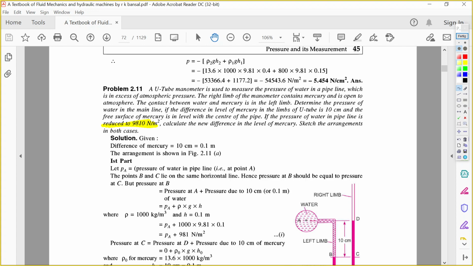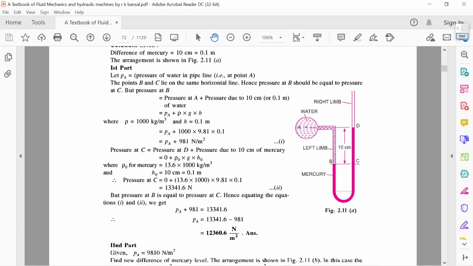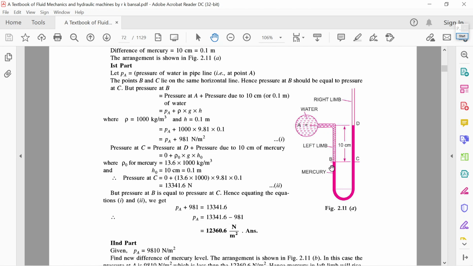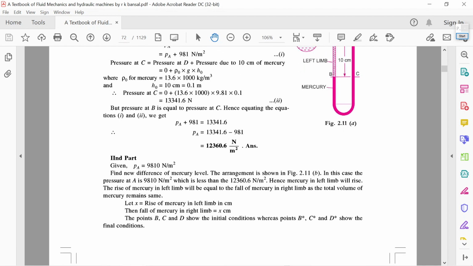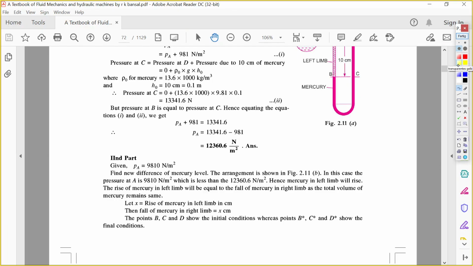If the pressure is reduced in the left limb, for the second part the given pressure is 9,820. We need to calculate the new difference of the mercury level. The arrangement is shown below.